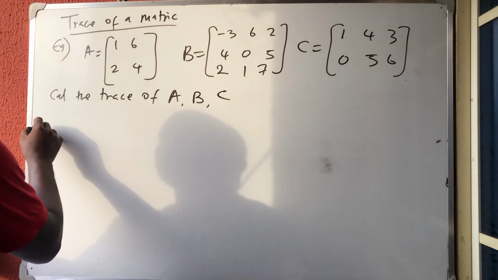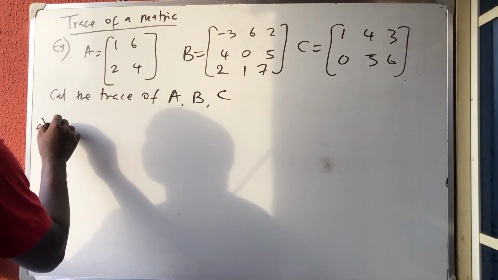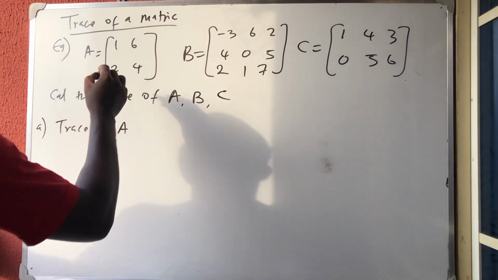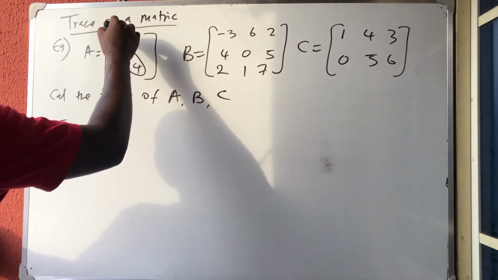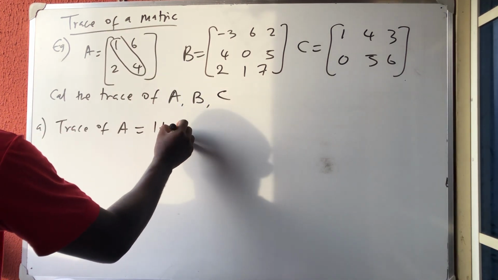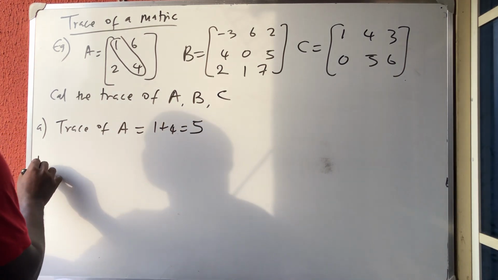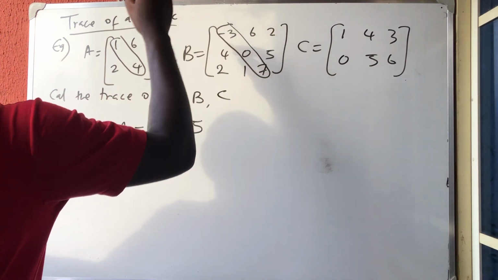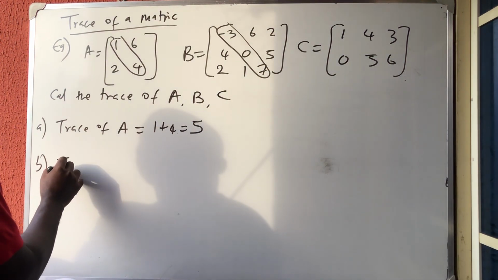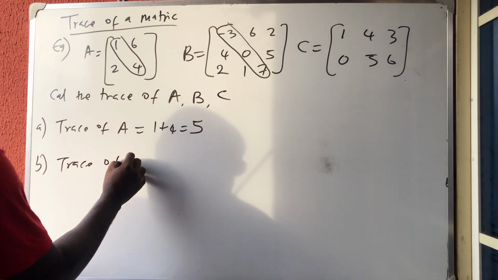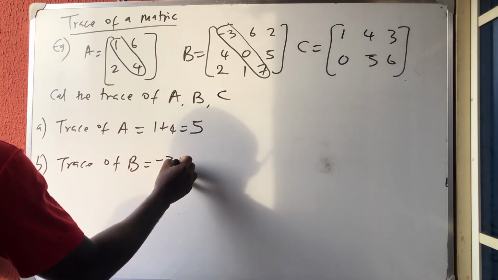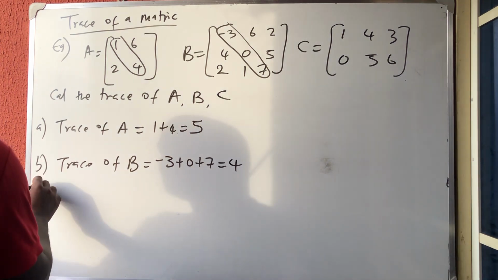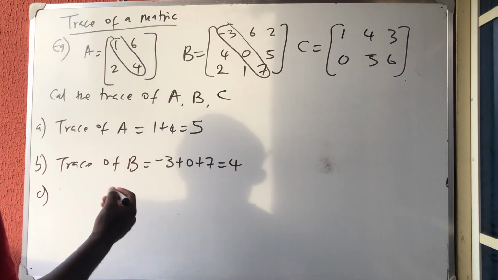Now if you look at A, the trace of A is a square matrix, so we have the diagonal. So let's just add it. It's what? 1 plus 4, so the trace is just 5. For B, look at that. It's a square matrix 3 by 3, so it has a diagonal. The trace of B is simply minus 3 plus 0 plus 7, which will give you 4. For C, the trace of C does not exist.